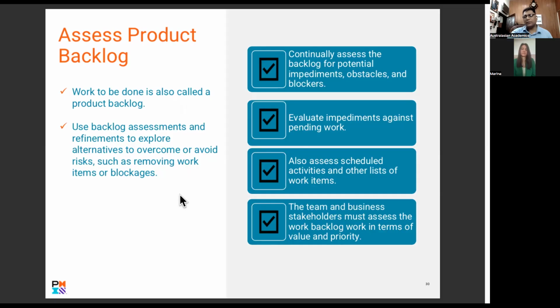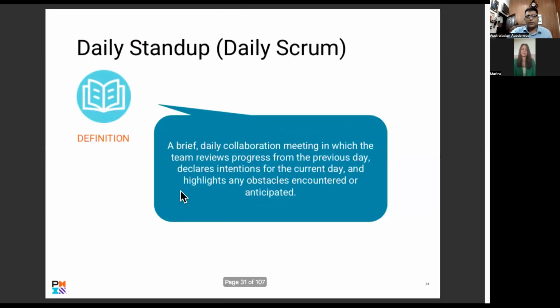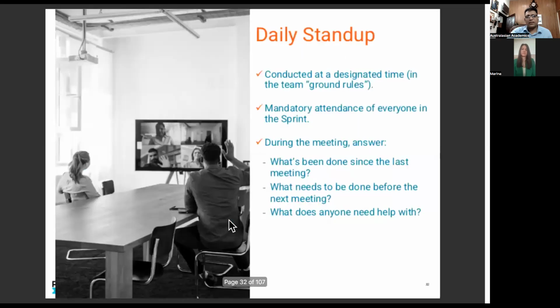I know it's getting a bit loose and boring, but this is Agile, and a major part of the PMP exam is Agile. PMI really wants you, as an organization, they want you to move into Agile. That's why they've got a daily stand-up. We discussed it. Again, who needs to attend?